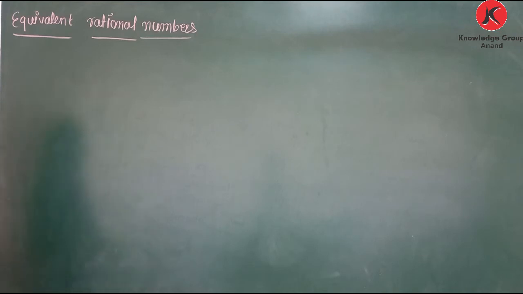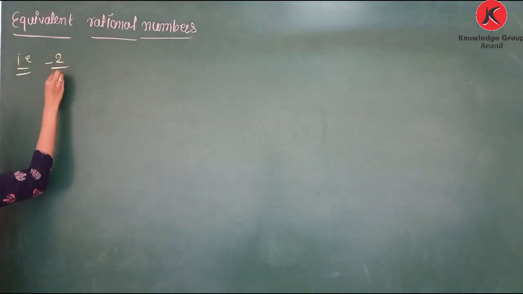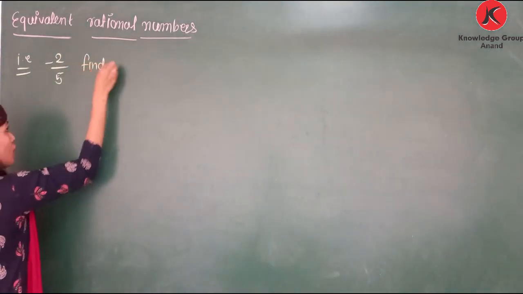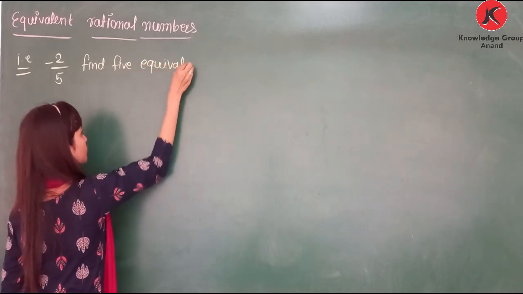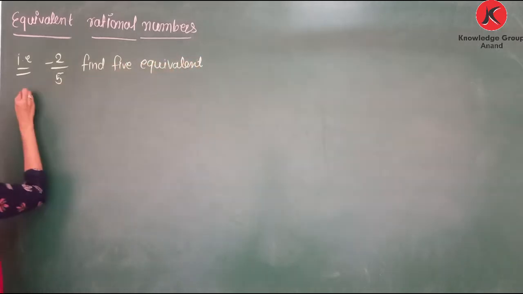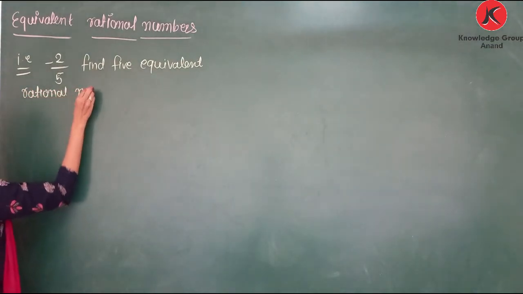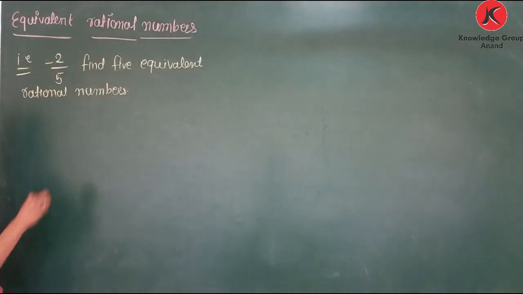So here, if we want to find the equivalent rational number of any rational number, for example, we have minus 2 by 5 and find 5 equivalent rational numbers. So how can we find?